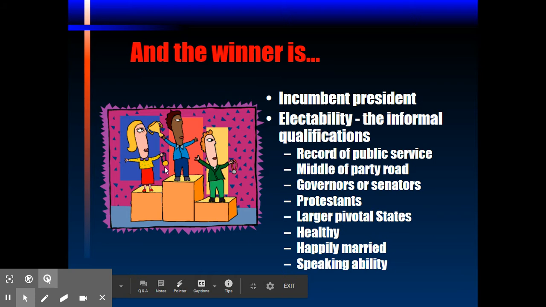We have talked about a list of things that are not necessarily required as far as formal qualifications, but that most presidents need to have in order to win the office.